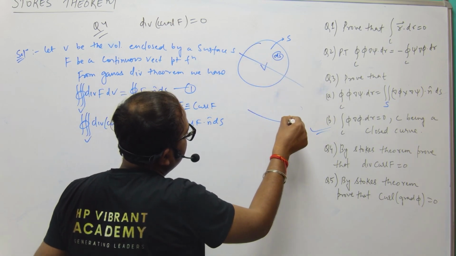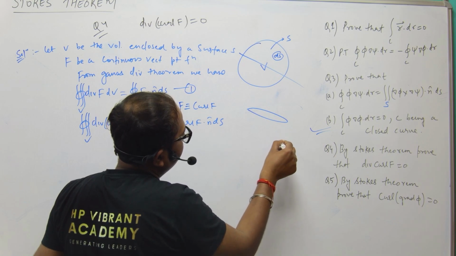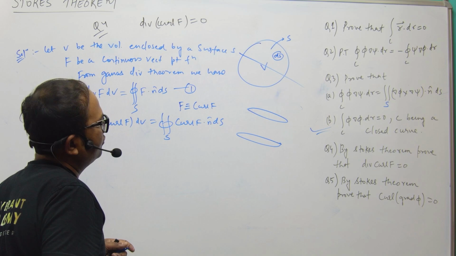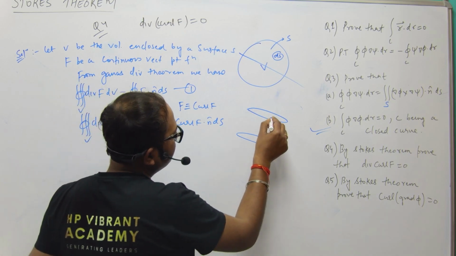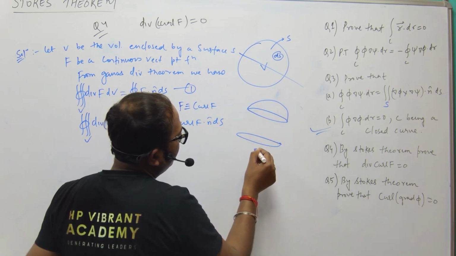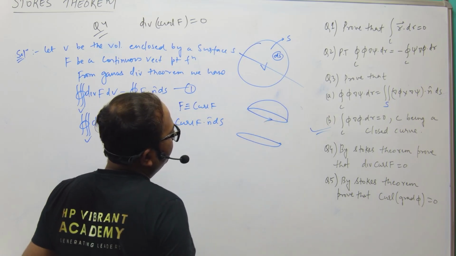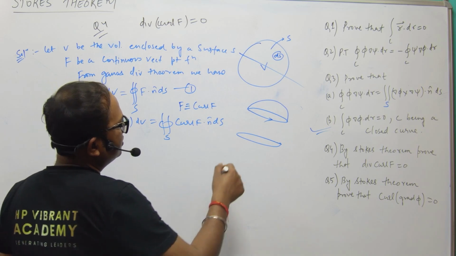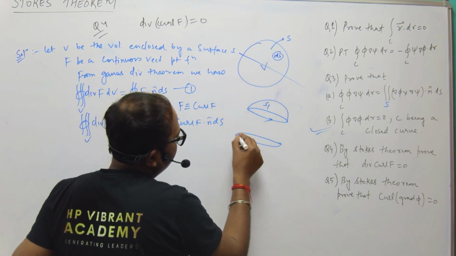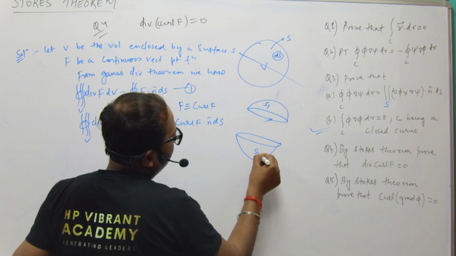Okay, so now let us divide this whole surface into two parts. Let us take this surface as S1, and the bottom surface as S2.